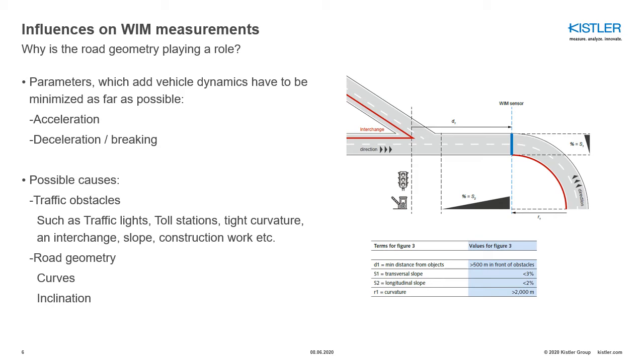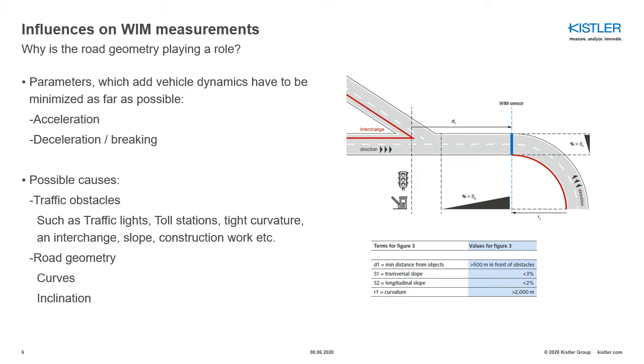So, why is the road geometry playing a role at all? First, parameters which add vehicle dynamics have to be minimized as far as possible. That is the driving behavior. For example, acceleration and deceleration / braking.